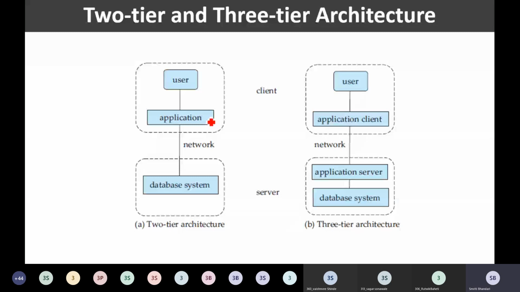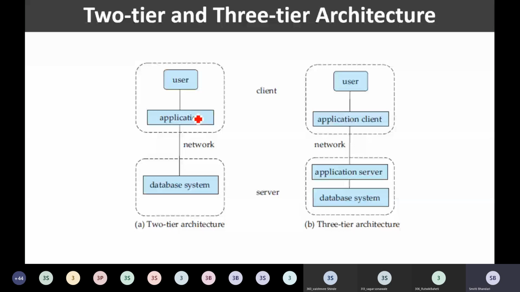So this application program is making use of the query language statements, and these statements are being passed through the network to the database system, right?